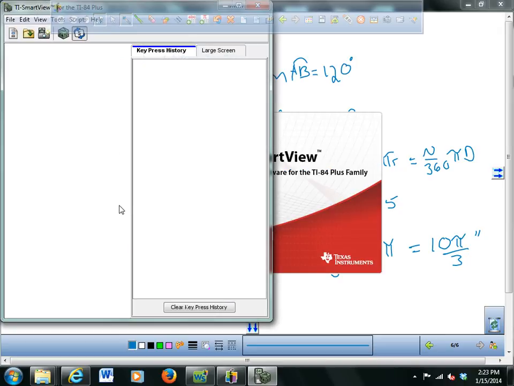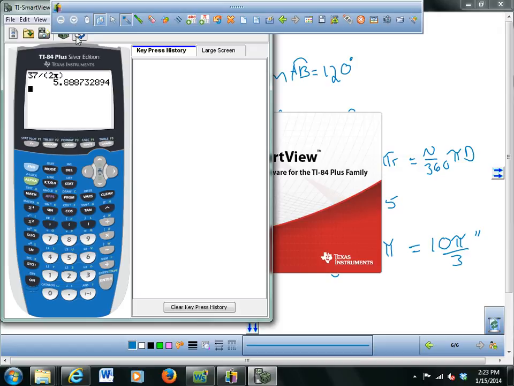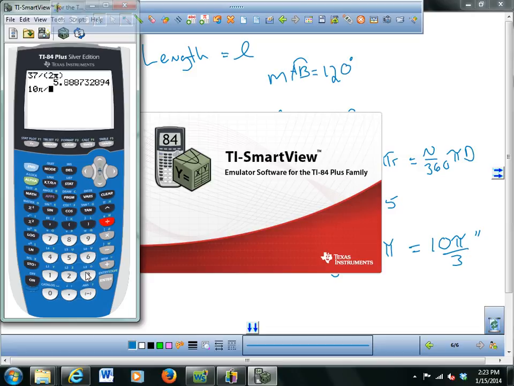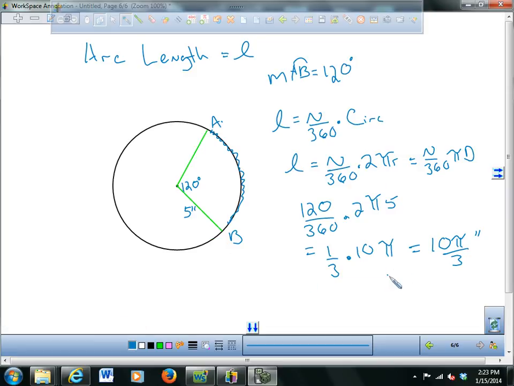It's like 10.5. 10 pi divided by 3, and 10.47. So if I say round to the nearest tenth, it'd be about 10.5 inches from here to here. If this is 5 inches. Yeah? Easy? No? Yeah. Right?